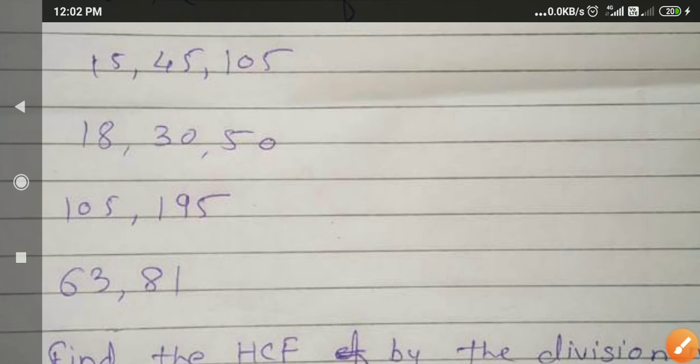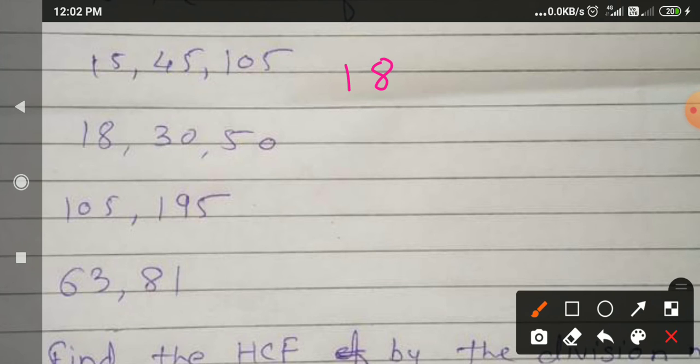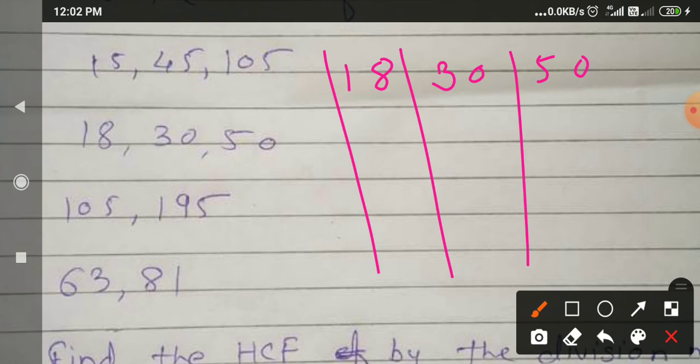Now the second question is, we have to find out the LCM of 18, 30 and 50. All of you just see the divisibility test which we can apply here for this question.